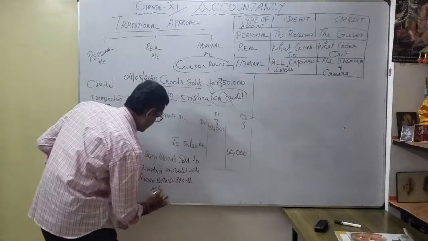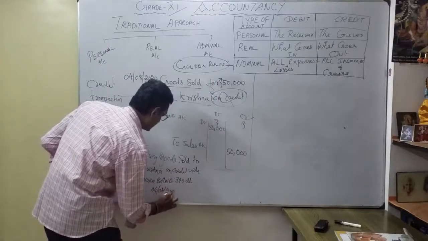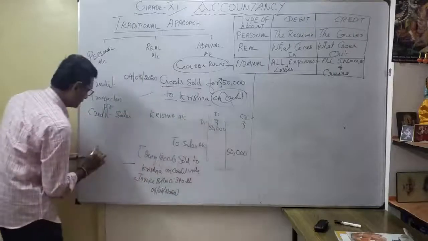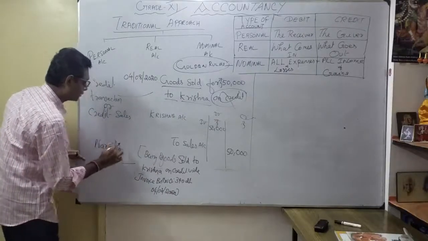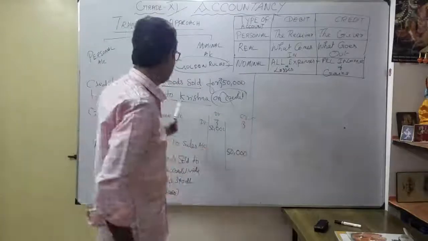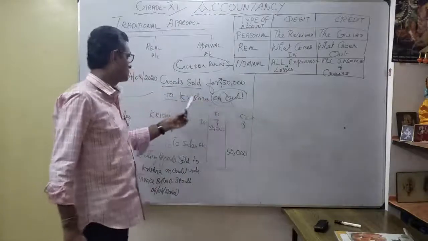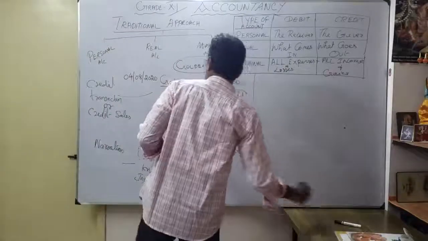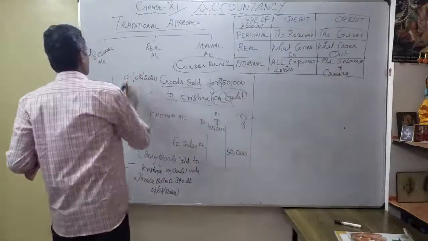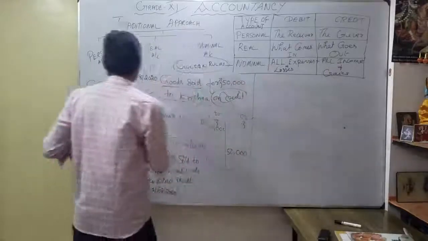This information is called narration, as you know already. So now you understood, just for the goods sold for 50,000 to Krishna. Even I change the date, it happened on 3rd August.